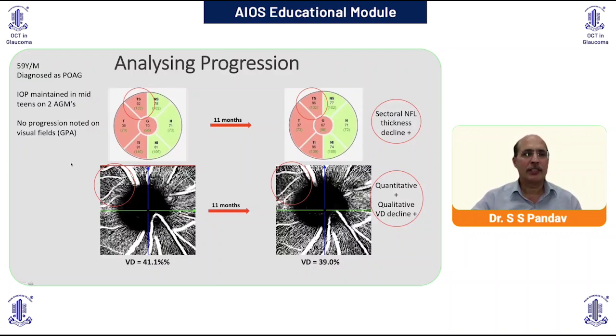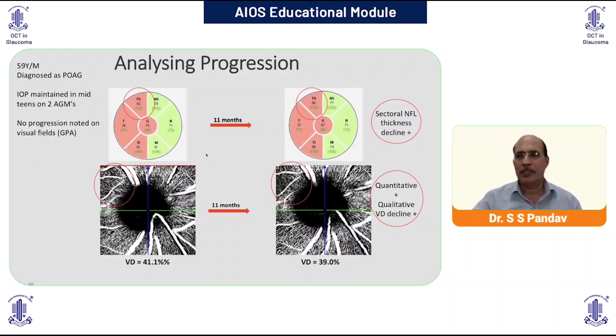On functional testing with visual field, no appreciable change was there, so that was not detected. Whereas the OCT and OCTA suggested that there is some decline in the structure and also in the vascularity of the vascular bed in one quadrant.